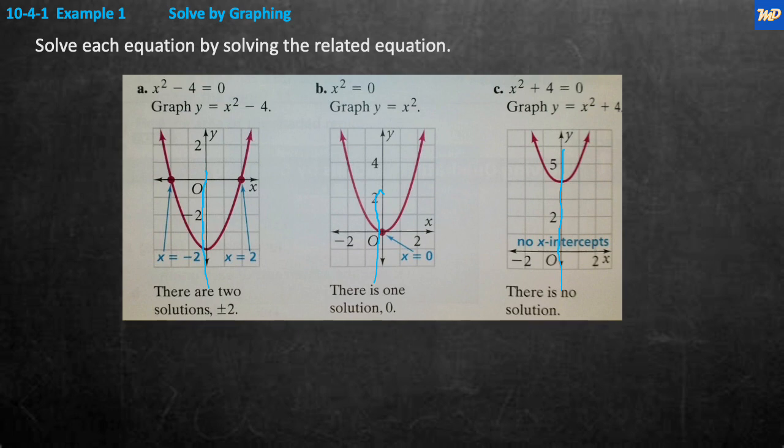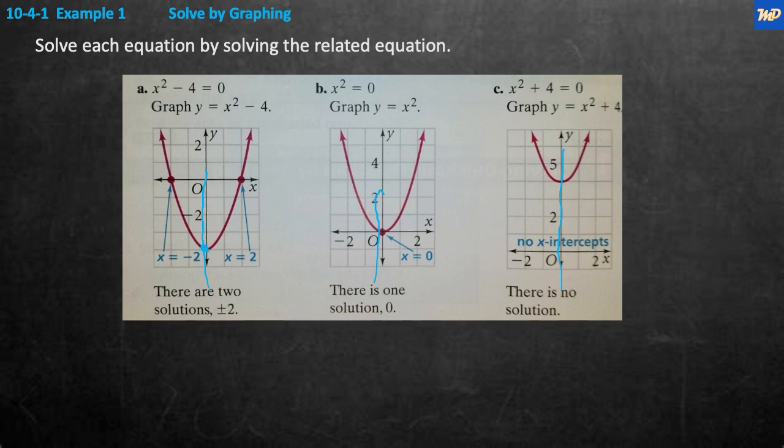What we're looking for are the solutions, so those are the x-intercepts. In the first equation, we know that putting 0 in for x squared gives us minus 4, which is right here. That's how deep this equation goes, minus 4 on y.